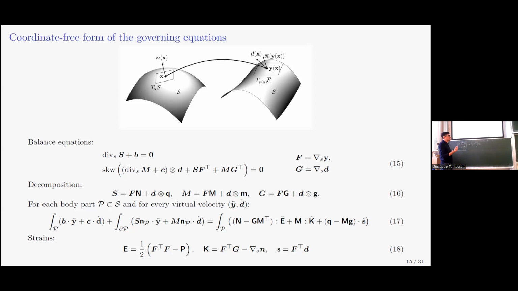Okay, but for shells, this is more complicated because internal couples are also delivered by this tensor field M. And so you can imagine that the divergence of M is somehow responsible for describing this density of couples. And if you want to count how many independent equations come from this, you have a skew symmetric tensor that has to be 0, which means that you have 3 scalar equations.